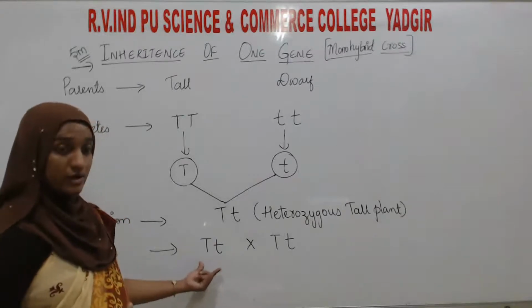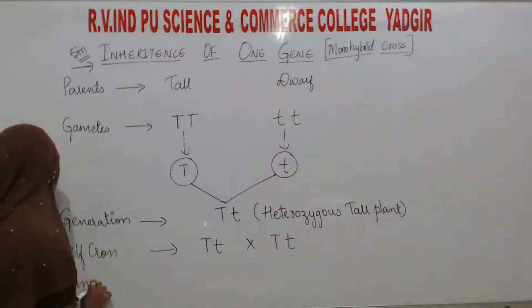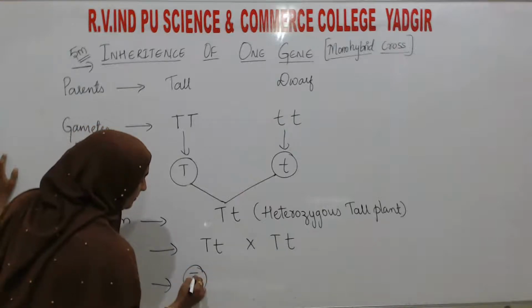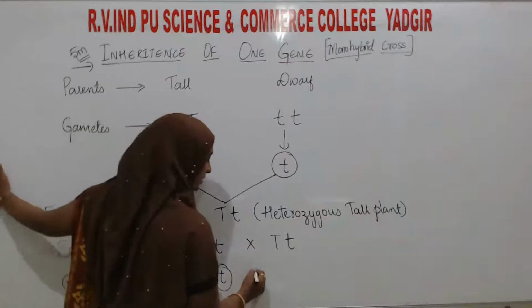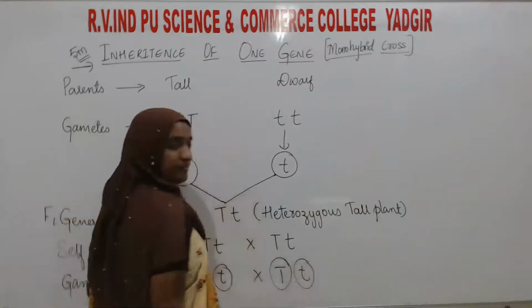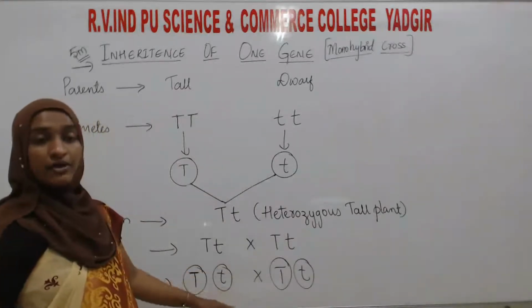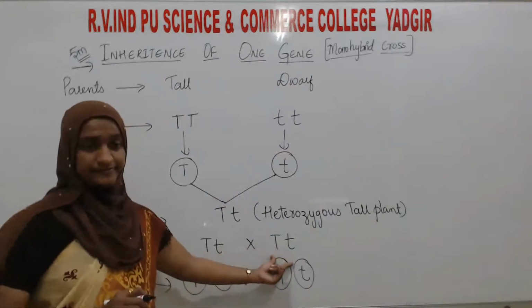Okay, next, what are the gametes for this one? The gametes are capital T, small t, then again capital T, small t. These are the gametes of these parents.